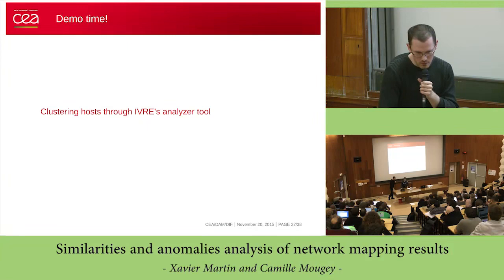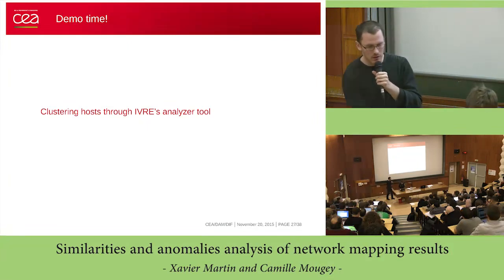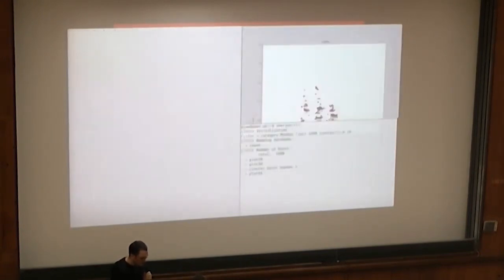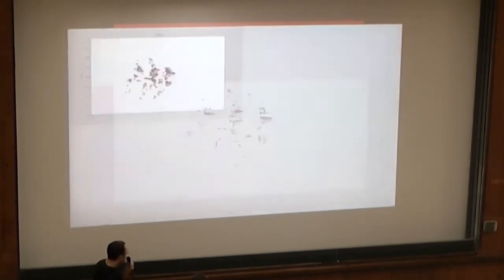Okay, so we'll see how it works on our database. Let's, for instance, cluster those hosts in three groups with K-means. If we plot that in 2 dimensions, we'll see 3 colors, 1 color per group. As you can see, this is not what the human eye would have done.